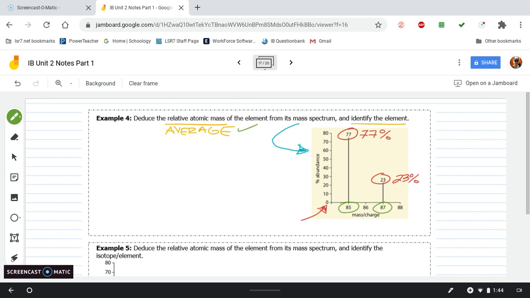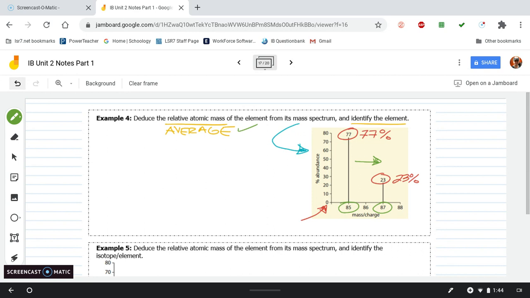If you look, this is the big line here. Wherever the biggest line is, that's where the bulk of the mass is. So the bulk of this thing weighs 85, but it also has a line here. Since there's a line in front of it, although it's not as big, it's going to pull the average this way. So it's still going to be near 85, but pulled a little bit above 85.